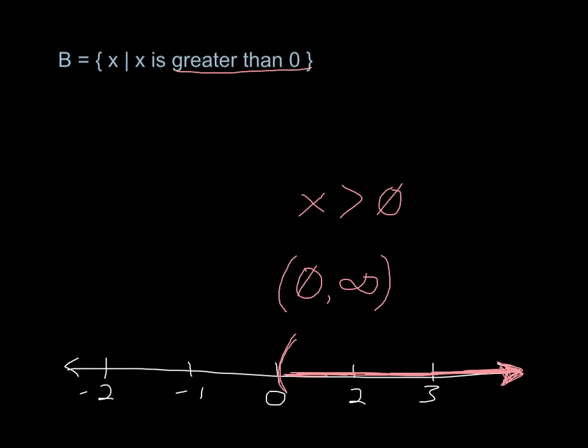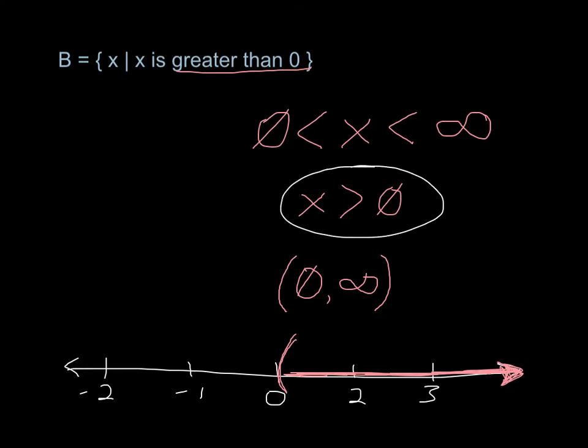If we want to say that 0 is less than x, which is also less than infinity, we can write it that way, but that's kind of overkill. Just writing it like this is usually the way you'll see it.